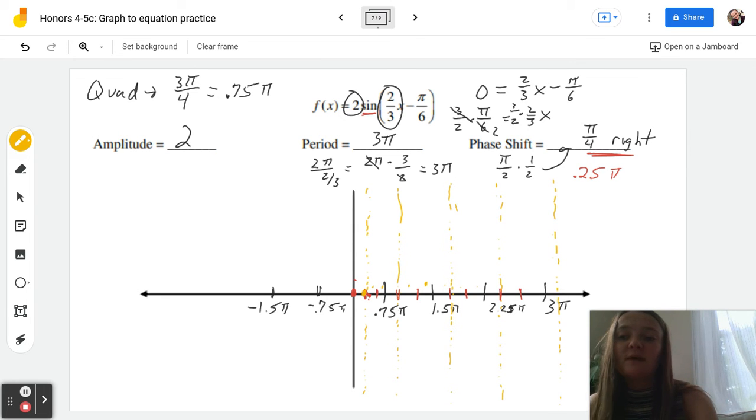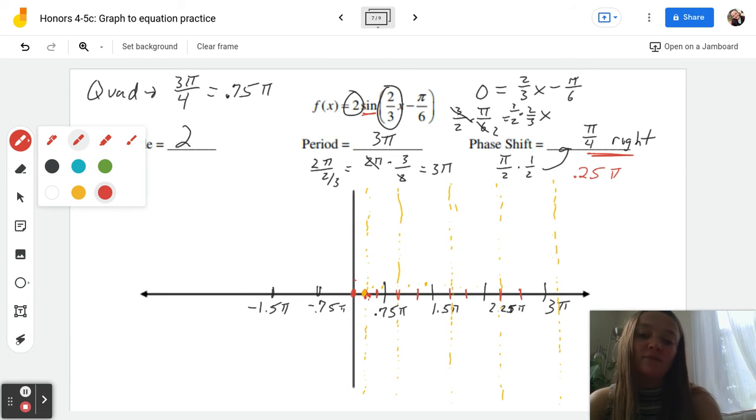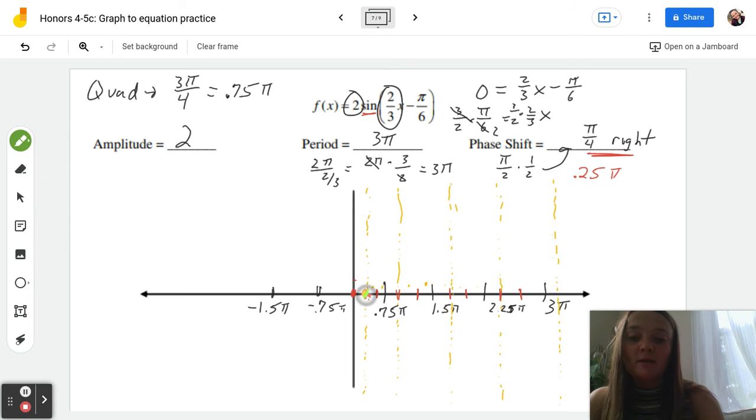Okay, so let's start this. The sine graph is going to start right here. In fact, I'm going to graph it in green so we can see a little better. It has an amplitude of 2. So instead of going up 1, I'm going to go up 2 from the midline. I'm going to go over 1 quadrant line to the next yellow marker, and go up to a max of 2.